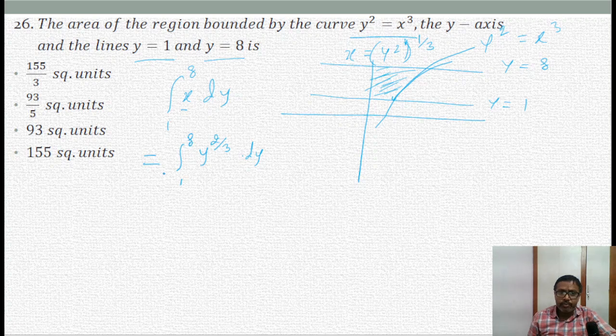from 1 to 8. Now what is the integral of y to the power 2 by 3? It is y to the power 2 by 3 plus 1, divided by 2 by 3 plus 1. The limit is from 1 to 8. Now 2 by 3 plus 1: 3 ones are 3, 3 plus 2 is 5, 5 by 3, so I will write 3 by 5. I'll apply the limit values directly, friends.